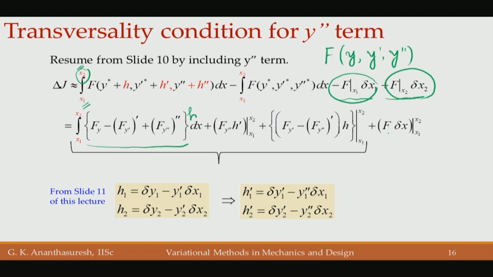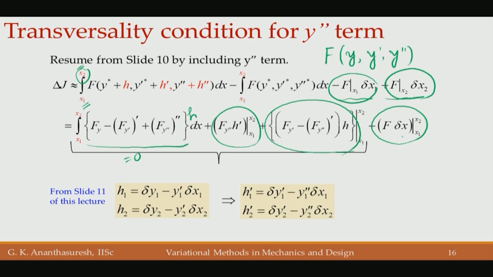We apply fundamental lemma and make this thing equal to 0, that gives the differential equation. We get the usual boundary condition, and then we get this additional condition here, okay, and then this h, the usual two boundary condition that we get, and then f delta x.